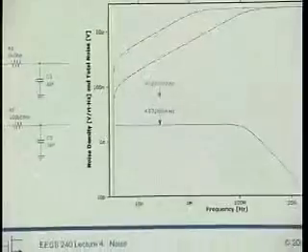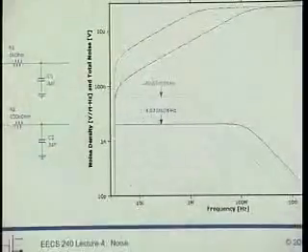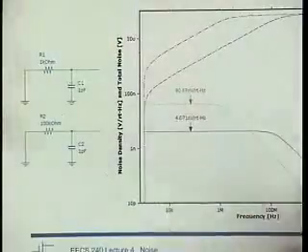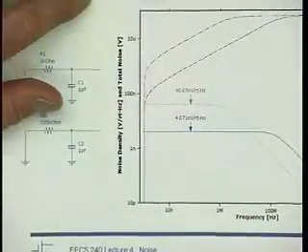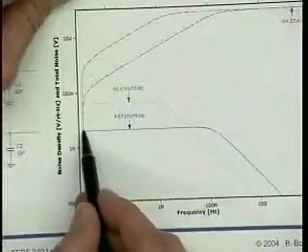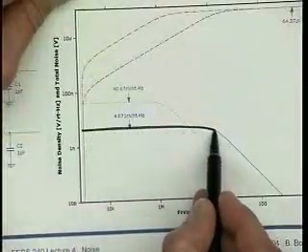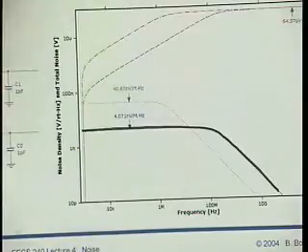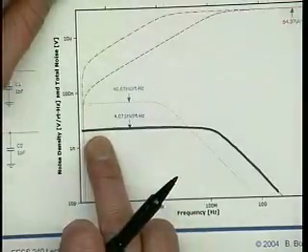Here I have two circuits, both with 1 picofarad, but in one case I have 1 k ohm, in the other case 100 k ohm. Using SPICE, I plot the noise density that appears across the capacitor. For the 1 k ohm resistor, of course, I get less noise.